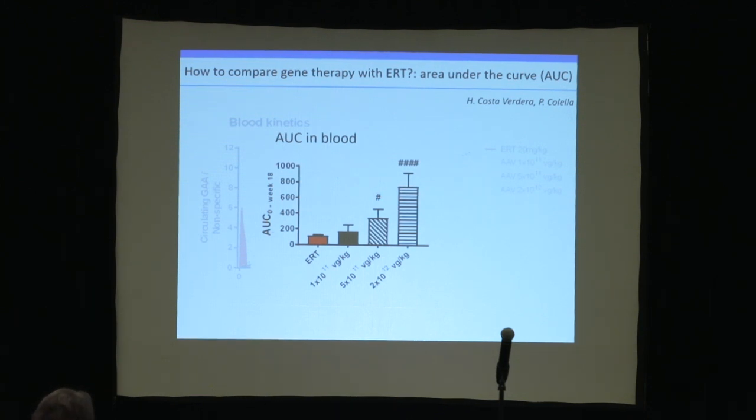And here you see that the AUC, this is AUC measured in blood, is almost comparable. And then you do see also an increased AUC with the dose, which I think is quite interesting, because the fact that the AUC in blood is predictive of the efficacy in a mouse model can be very helpful in the future clinical trial.